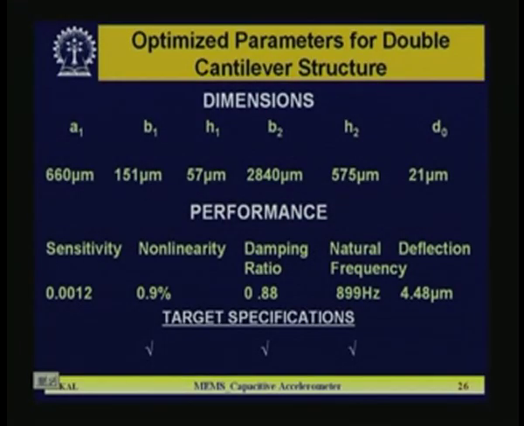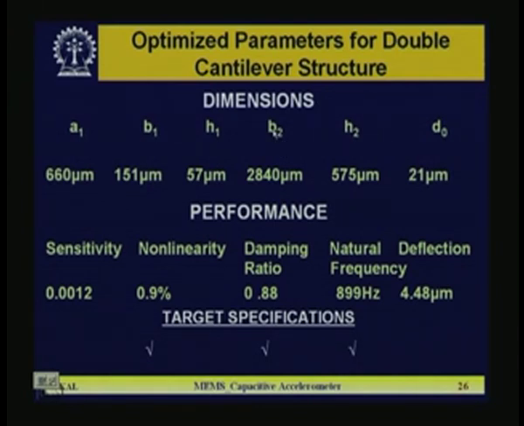Okay. Now, the dimensions, we confine to these values. A1 will be 660 micrometer, B1 is 151, that is the width, A1 being the length of the flexure, H1 is thickness 57 micrometer, and B2, H2 are related to the seismic mass.